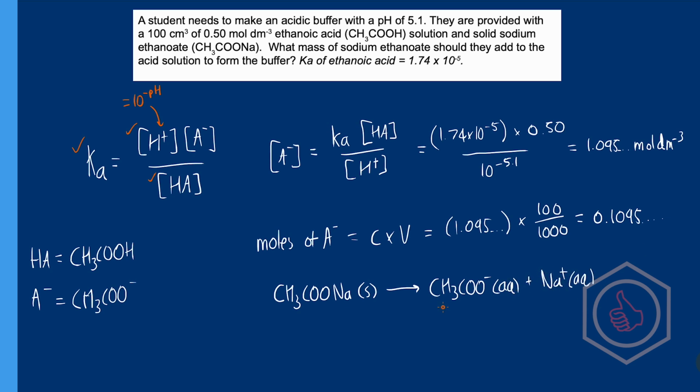Well, this here, CH3COO-, is our A- for the ethanoic acid, and it's a 1-to-1 molar ratio of sodium ethanoate to CH3COO-. Now this means that the moles of A- equals the moles of sodium ethanoate.